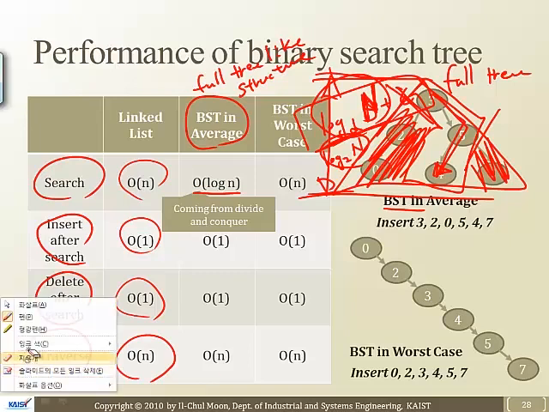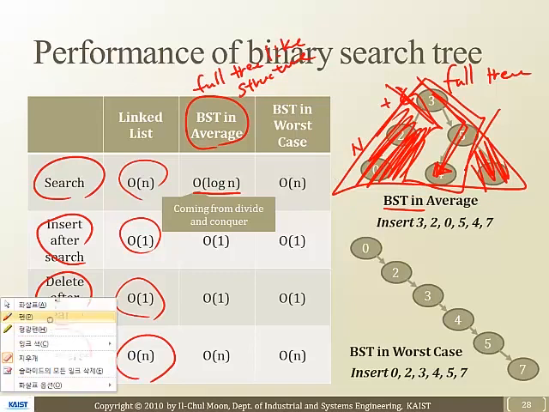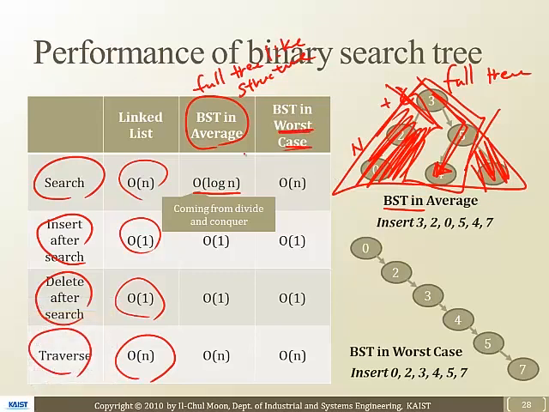However, binary search tree in the worst case, this is a perfectly okay binary search tree. This is a valid binary search tree, but it doesn't utilize any left-hand side.